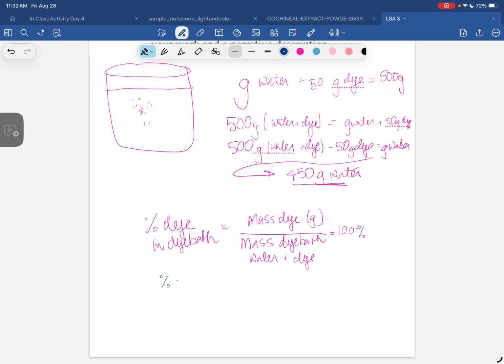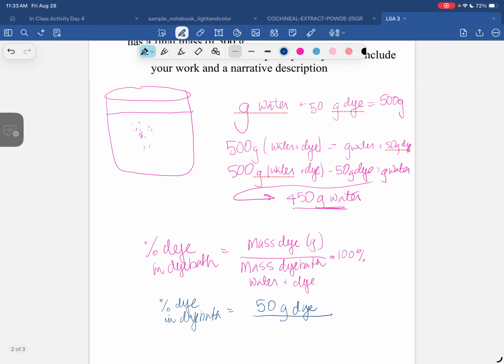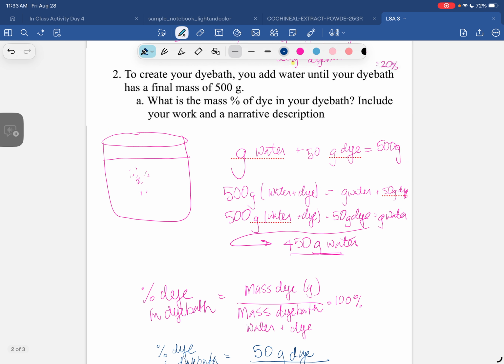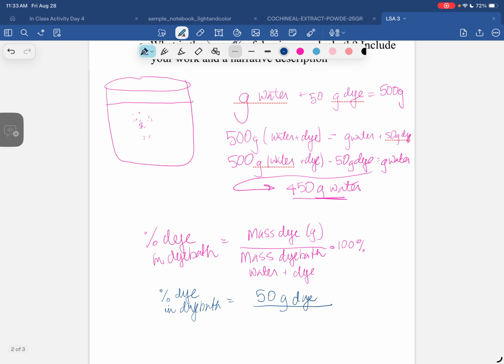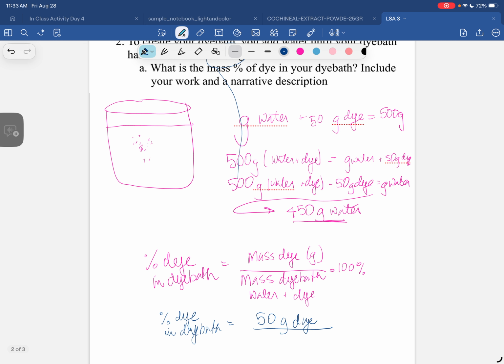So we don't have to rearrange, but we can start plugging and chugging here. So I know I'm solving for my percent of dye in my dye bath. And we calculated in the previous problem that we had 50 grams of dye. And then in this problem, I tell you that the mass of your dye bath, so water plus dye, is 500 grams. So you're literally just going to take that 500 grams and put it in the denominator. So we know we have a 500 gram dye bath.